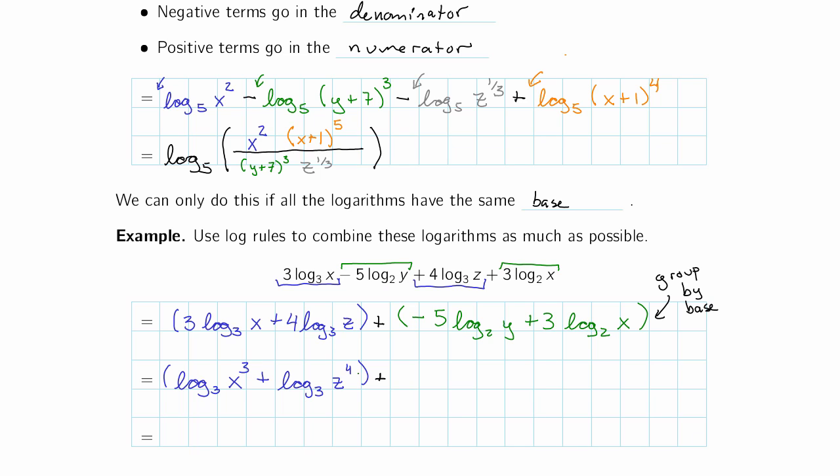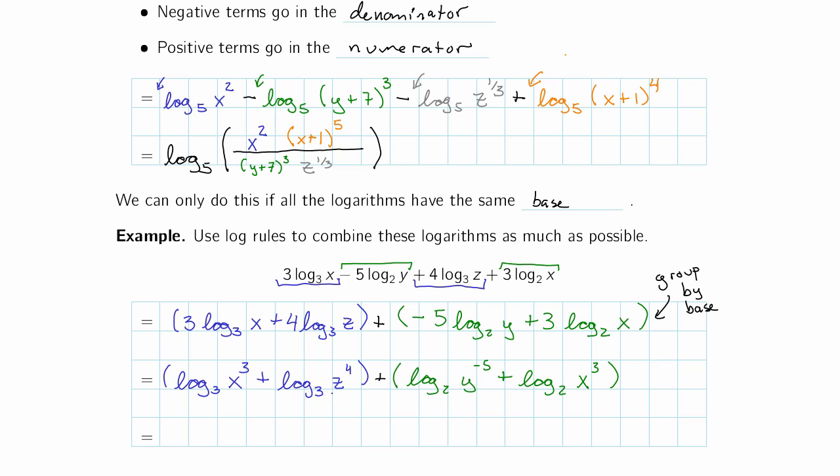In my second group, I'll have a log base 2 of y to the negative 5 plus a log base 2 of x to the third. Notice that that negative coefficient became a negative exponent. Negative exponents give us things that go in the denominator as well. This is not a coincidence.